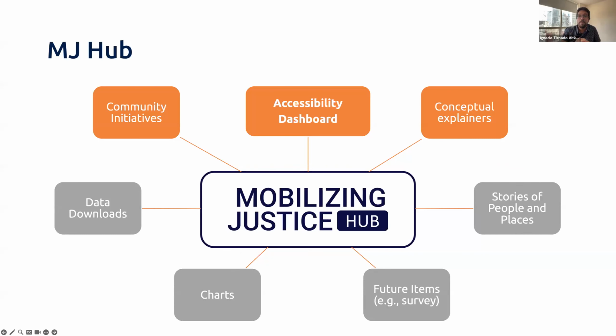So far, we have 3 available resources in the hub: an interactive map of community initiatives addressing transportation poverty in Canada, the accessibility dashboard, and conceptual explainers that allow potential users of the dashboard to understand the concepts, the measures, and the dashboard itself. And in this session, I will be focusing on the dashboard and the associated explainers.